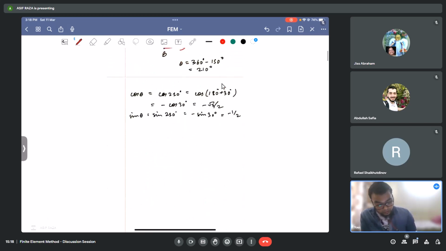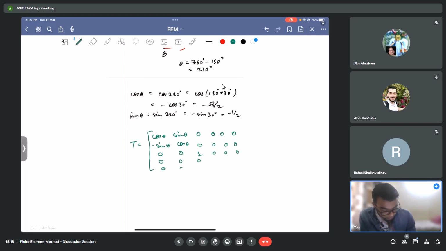With that in consideration, the transformation matrix changes: cos theta, sin theta, 0 0 0 0, minus sin theta, cos theta, 0 0 0 0 0 1 0 0 0, and here it will be like this. Then here cos theta, sin theta, 0, minus sin theta, cos theta, 0, 0 0 1.